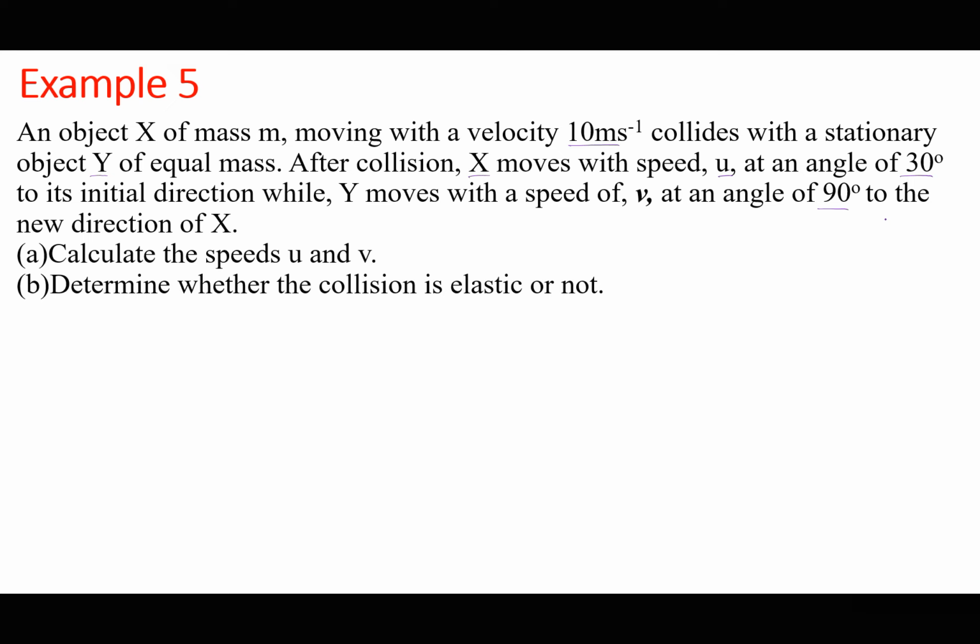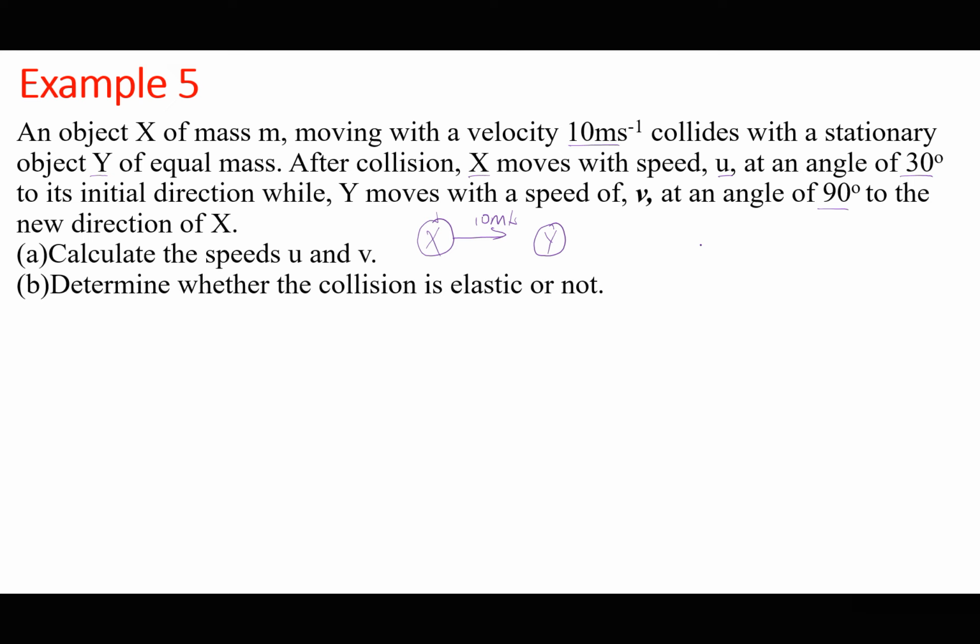I will try to sketch a diagram for simplicity. Let us assume that initially X is the one moving with a speed of 10 meters per second, and it collides with Y, which is at rest.